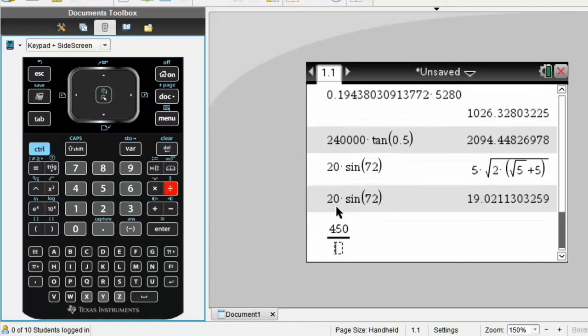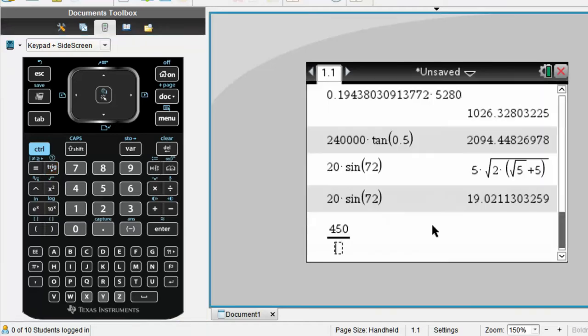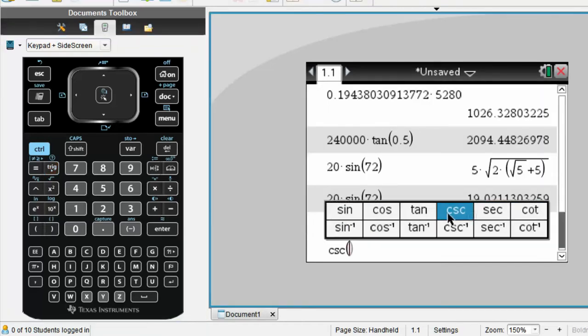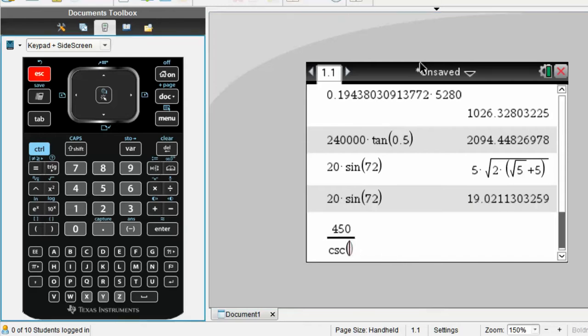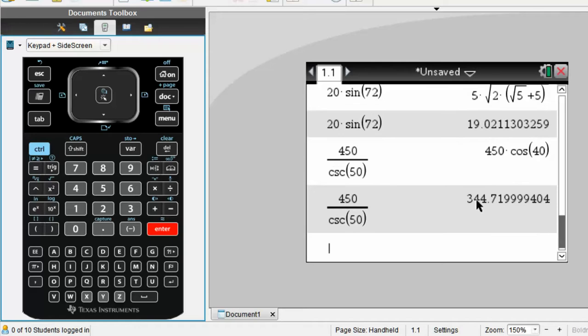450 divided by the cosecant of 50 degrees. That comes out to 344.7199 feet.